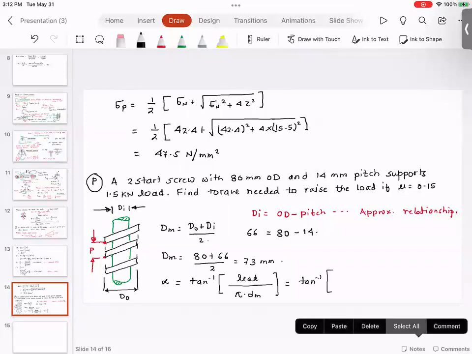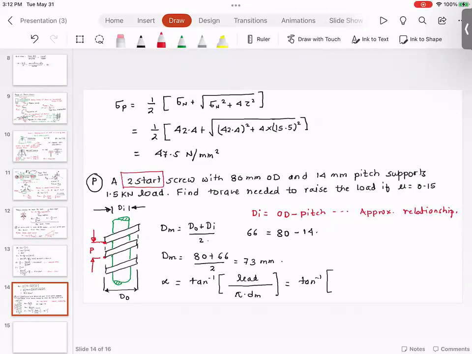And the lead is number of starts, please note the number of starts here is 2, multiplied by the pitch 14, divided by pi times 73. So alpha is 7 degrees. Just quickly work out this calculation and let me know if my answer matches with your answer.